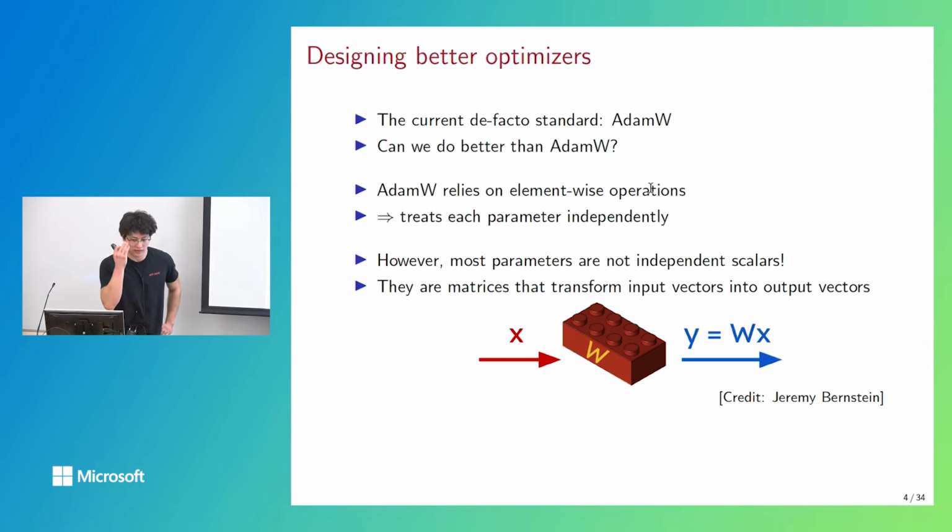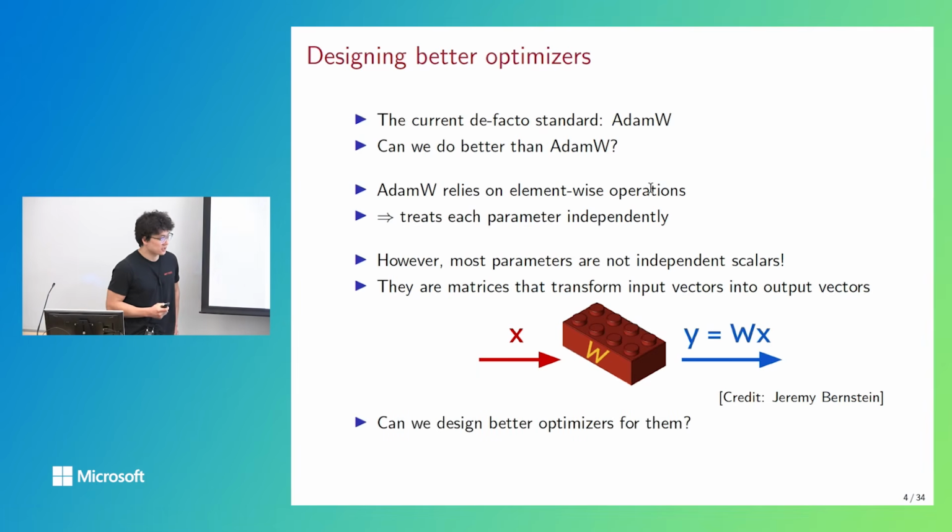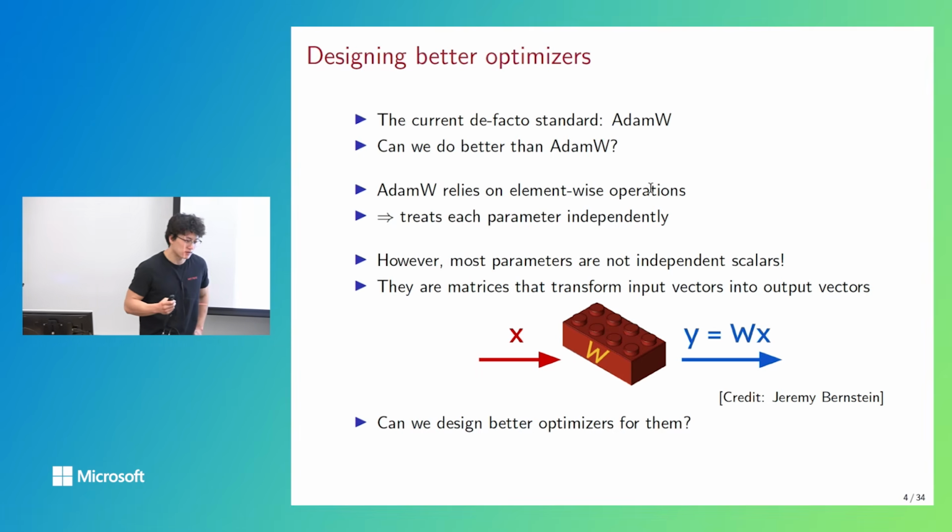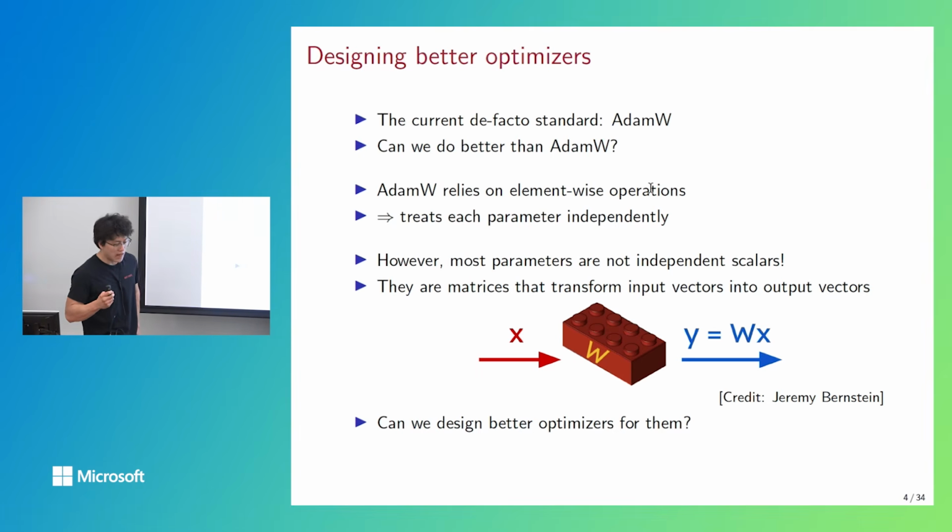They're, in particular, matrices that transform input vector into output vector. So here's a nice diagram from Jeremy Bernstein. So input activation comes in, and then hits the matrix parameter, and then output y comes out. So the question is, with this structure in mind, since a lot of the parameters in the neural network are not independent scalars, can we design better optimizers for them?